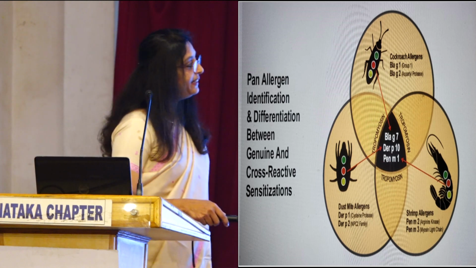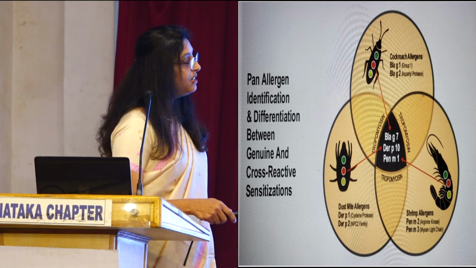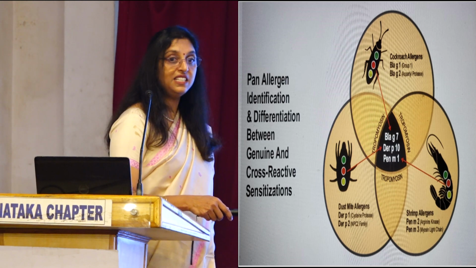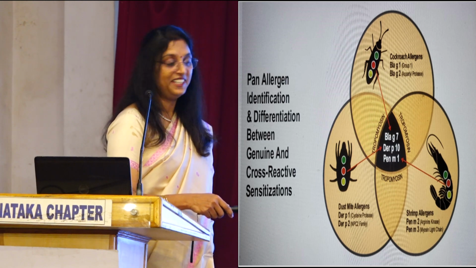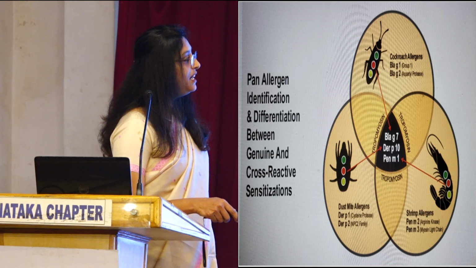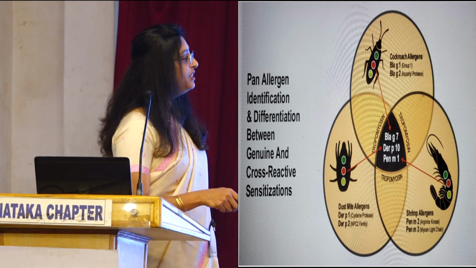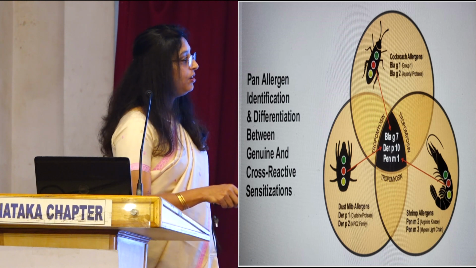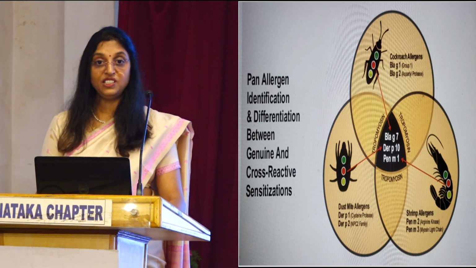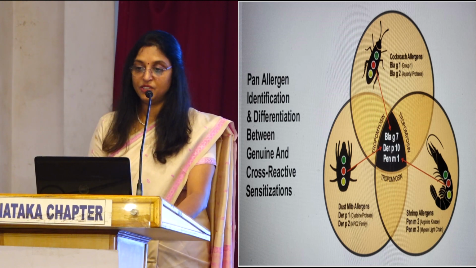So when you look at it, there is a cross reaction because of a few antigens, and you know which ones are causing the cross reactivity. If it is a house dust mite mix, you might get a positive with shrimp and cockroach, and knowing which antigens are there actually helps us. So this is what component resolved diagnosis does.